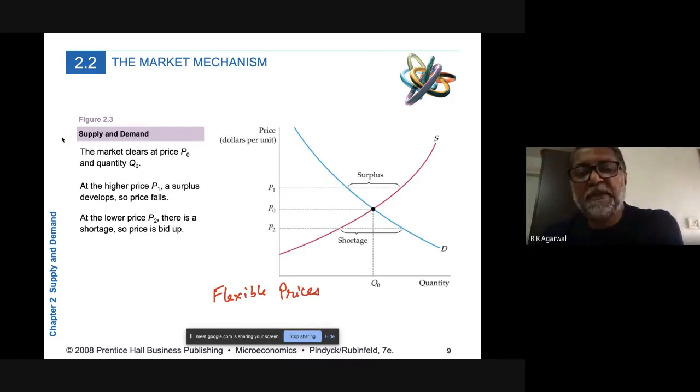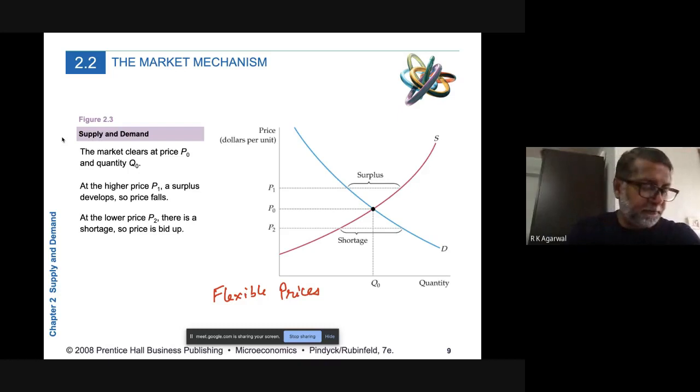And what will bring the market back into equilibrium? Prices. But this price can bring the market back to equilibrium only if prices are flexible. If prices are not flexible, then you will have to live with disequilibrium.